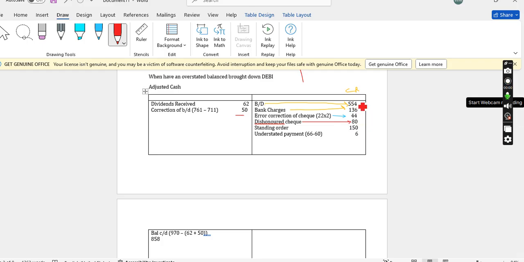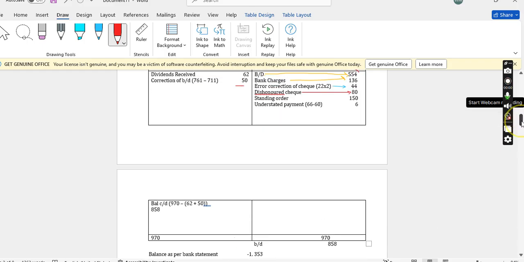So you add all the numbers: 554 plus 136 plus 44 plus 80 plus 150 plus 6. You're going to get 970. Confirm with your calculators.